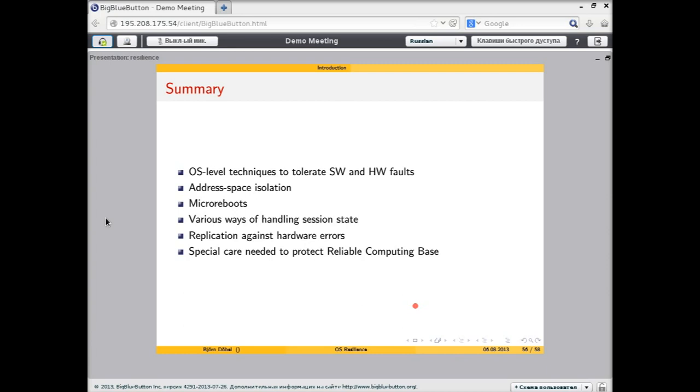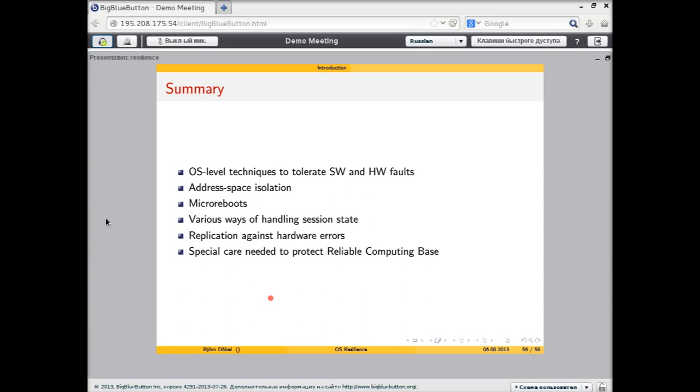As a summary, in my 2 lectures today, I presented you operating system level techniques that allow you to tolerate software and hardware faults. The important parts are that address spaces allow you to isolate applications from each other and therefore make sure that a fault in one application does not affect other applications, which is important for both hardware and software faults.